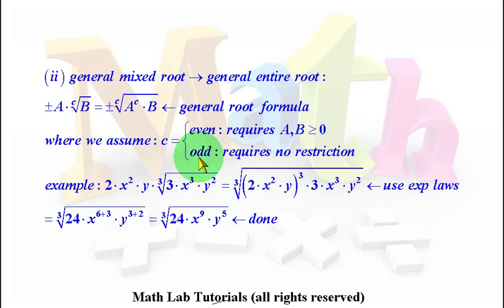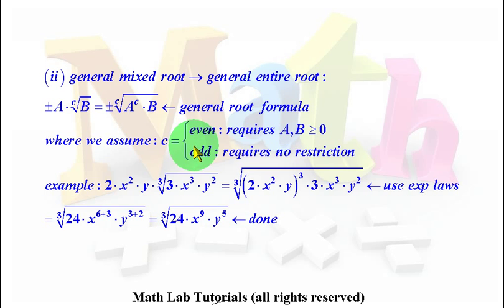Now, when c is even, we require that both a and b be greater than or equal to 0. And that happens in order to avoid imaginary numbers. Otherwise, we're going to get imaginary numbers. Okay, when c is odd, we don't have to worry about getting imaginary numbers. And there is no restriction on a and b.